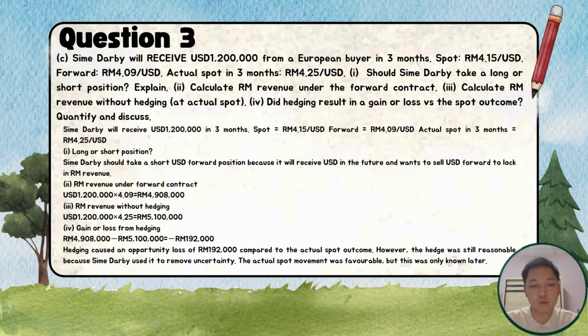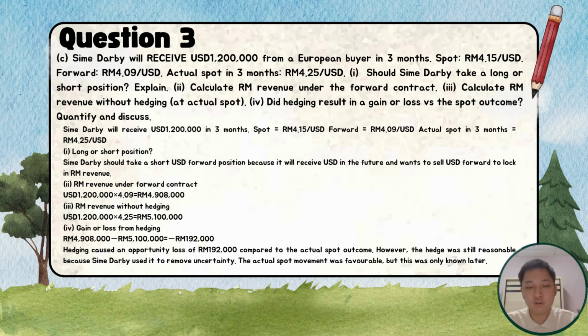Without hedging, SimW could convert the US dollar at the actual spot rate in 3 months, which is RM 4.25 per US dollar. So US dollar 1,200,000 multiplied by RM 4.25 equals RM 5,100,000. To find the effect of hedging, I compare the two amounts. RM 4,908,000 minus RM 5,100,000 equals negative RM 192,000.